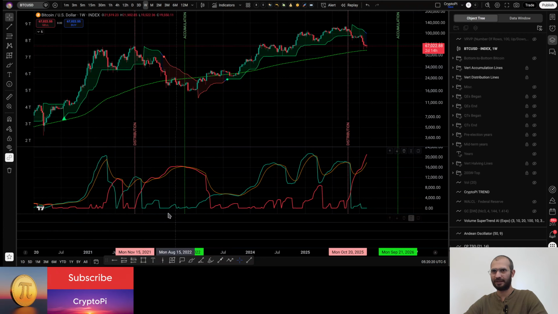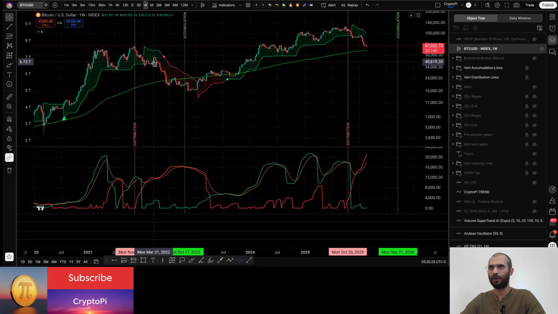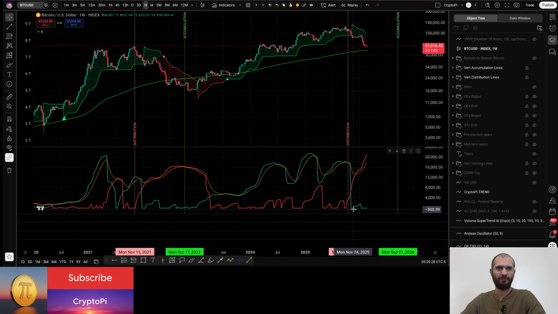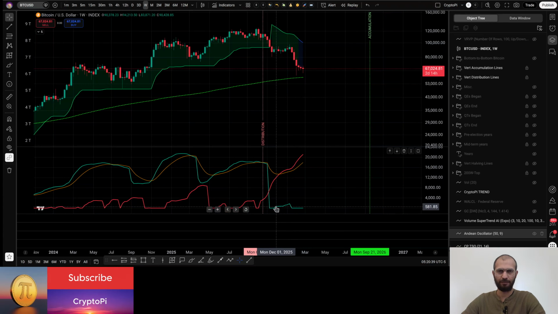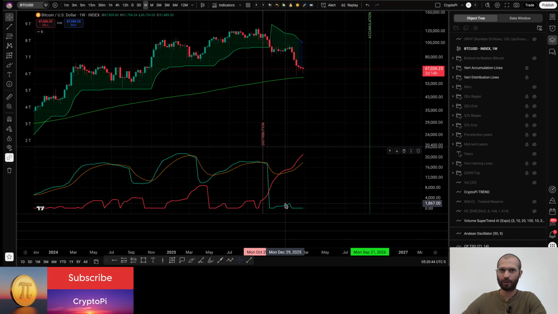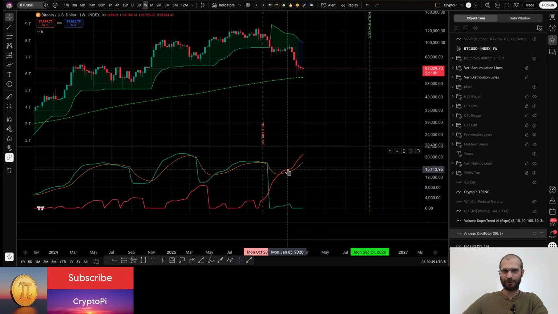Wherever we have this kind of bullish component gaining some strength, these are the points where it rallies. We saw a short rally over here where Bitcoin went from 80,000 to 96,000. That's where the bullish component was gaining some strength. However, it was not gaining strength over the bearish component. The bearish component remains strong.